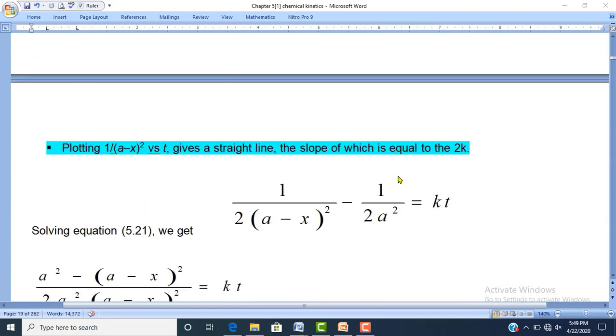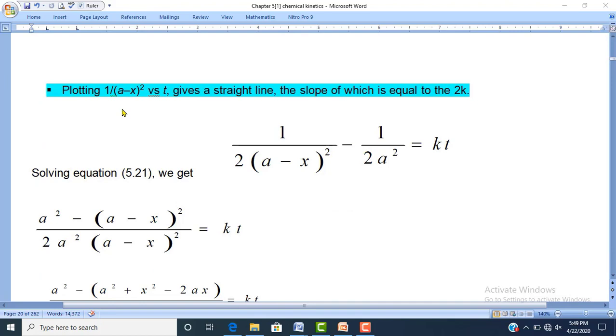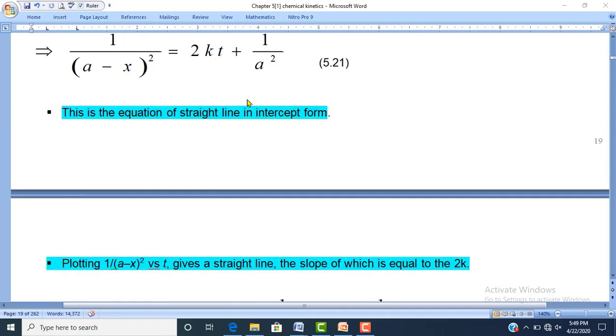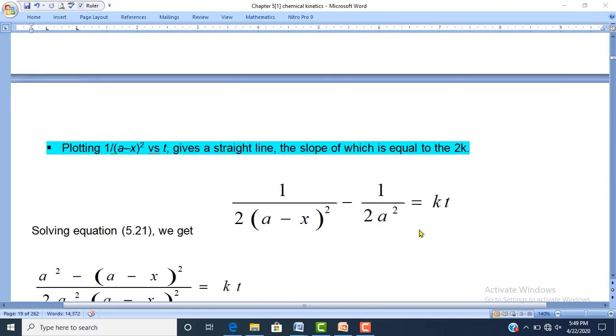This equation can be written as 1 over 2 into (a minus x) square minus 1 over 2a square is equal to kt. If you see this equation, here it is plus 1 over a square, and here it is equal to 1 over 2a square.